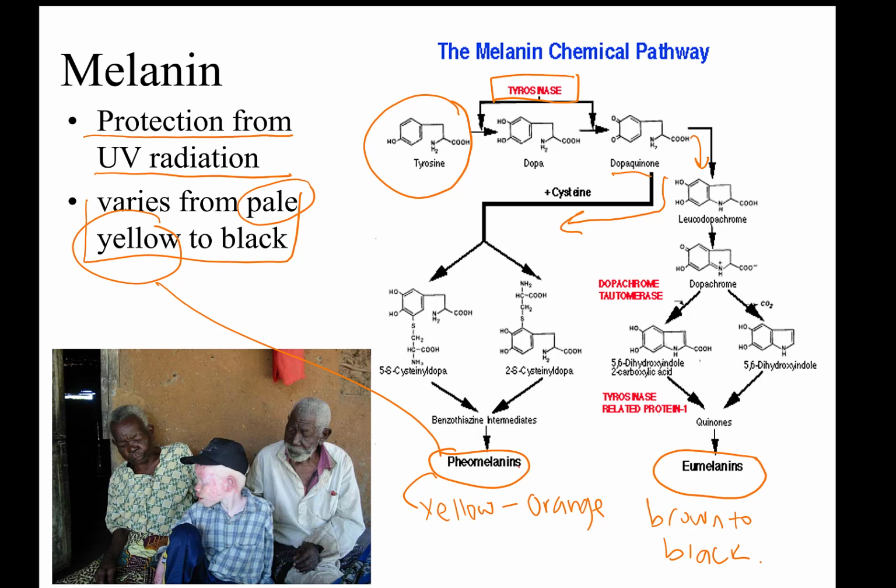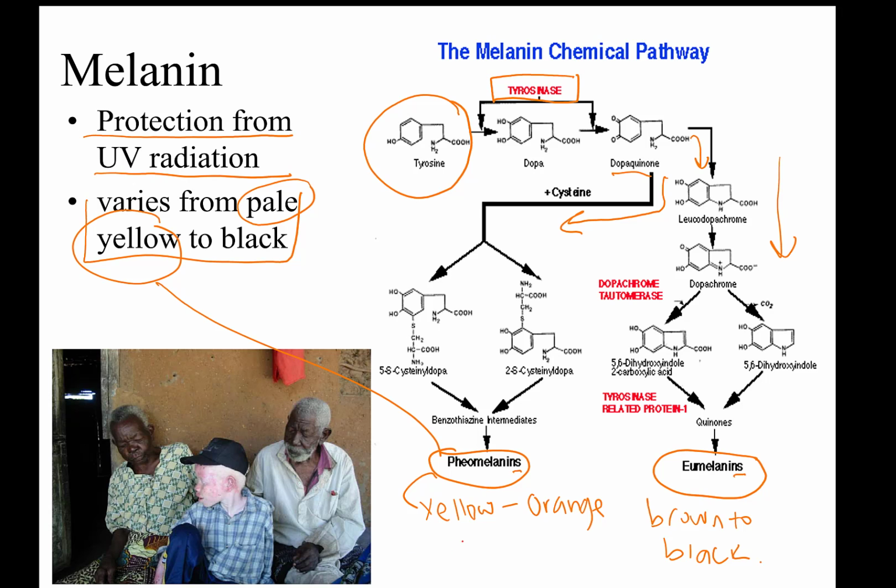Now, note that there's an S on each of these. That means that actually eumelanins, there's a group of them. We're not going to get into which are which, other than to say eumelanins and pheomelanins are the metabolic outcomes of different pathways.